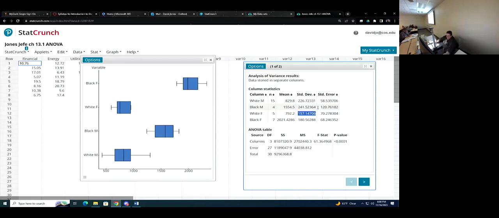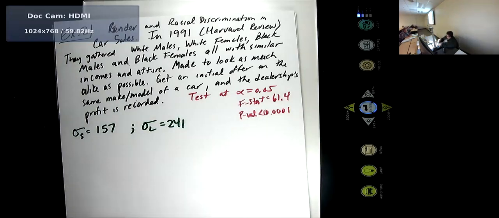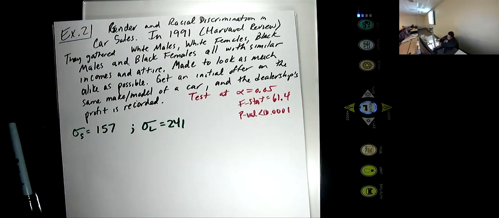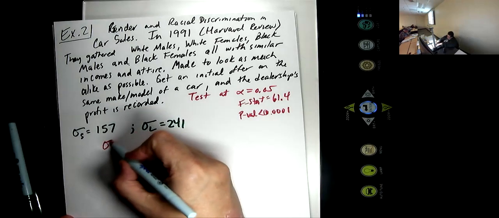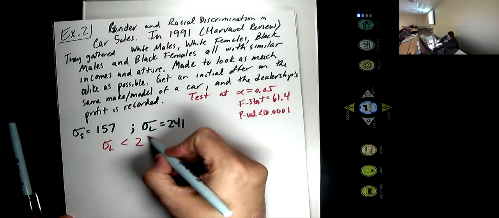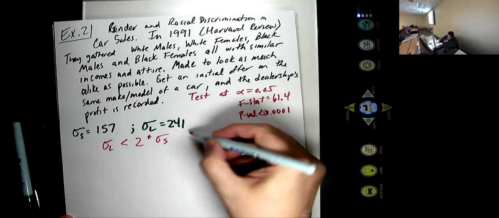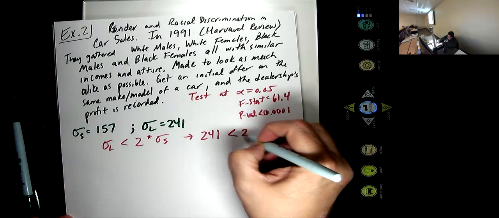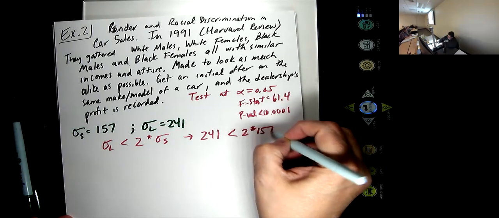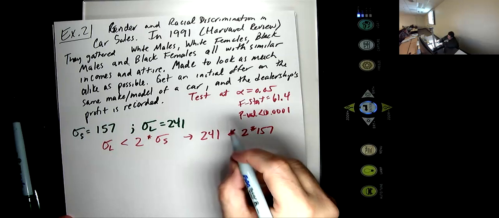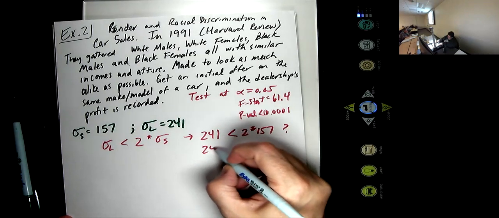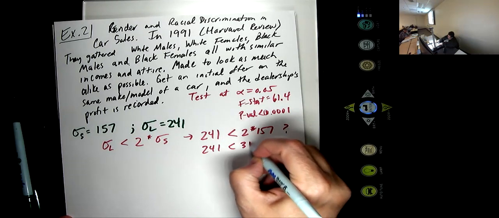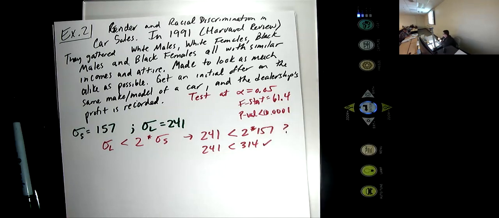But as it is, usually this is good enough. We need to make sure that the largest standard deviation is less than 2 times the smallest. So is 241 less than 2 times 157? 2 times 157 is 314, and it is indeed less than that.